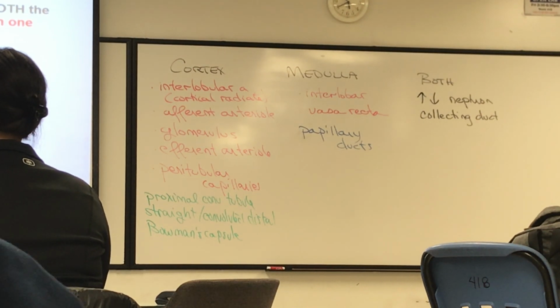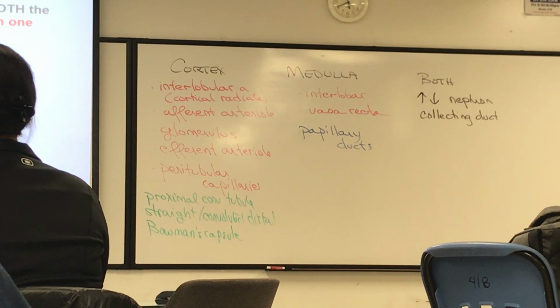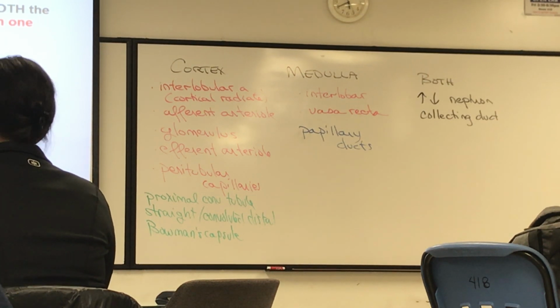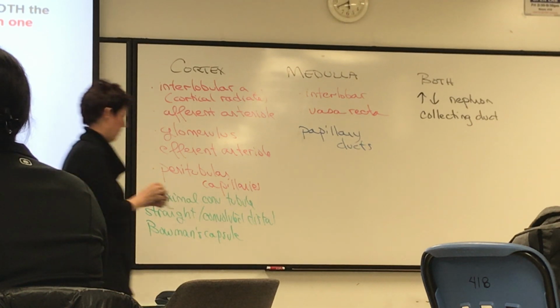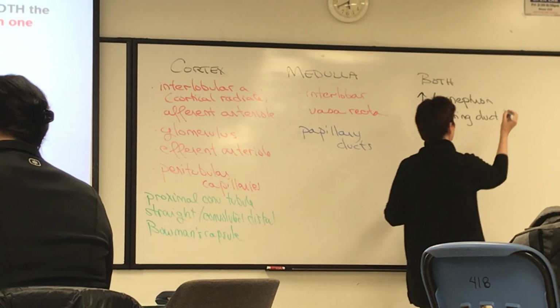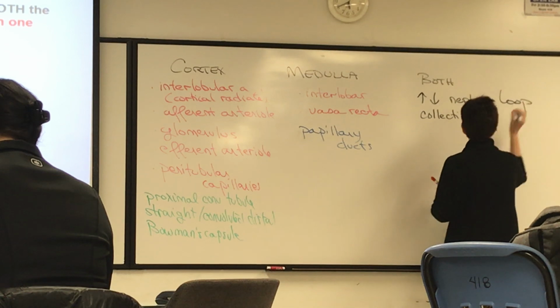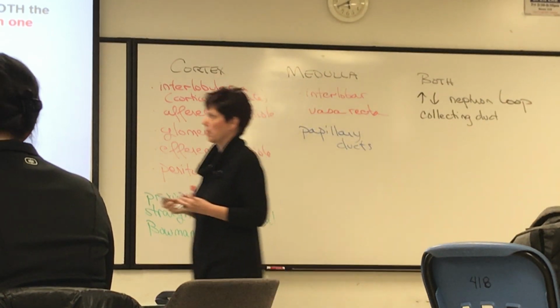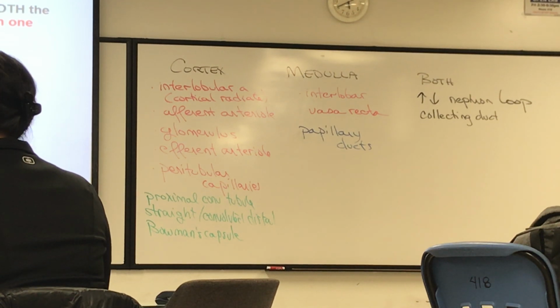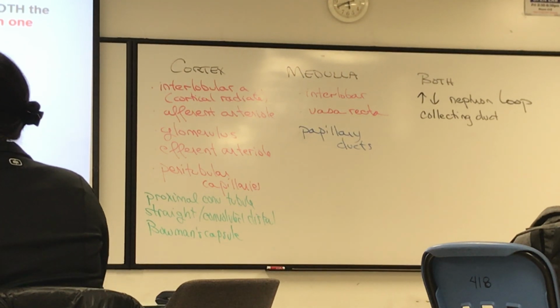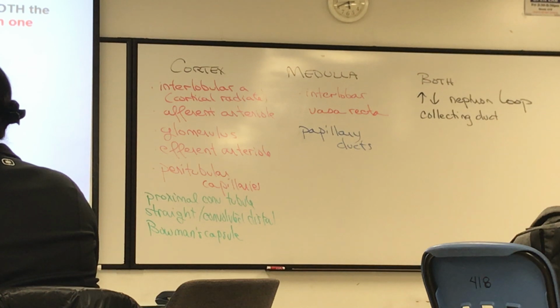Which of these structures can be found in both the cortex and the medulla? How many correct answers did you have here? Two.